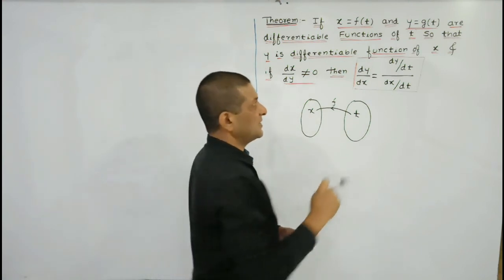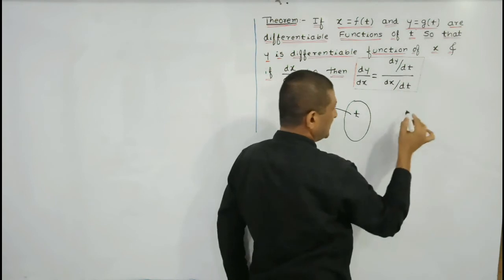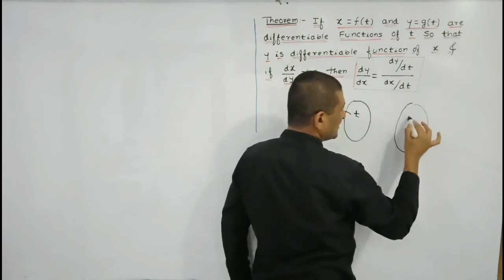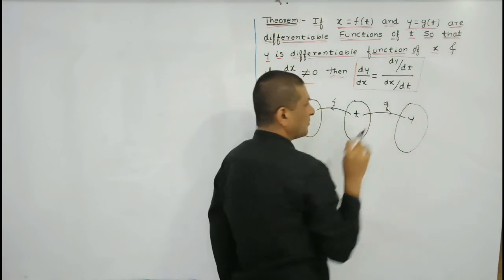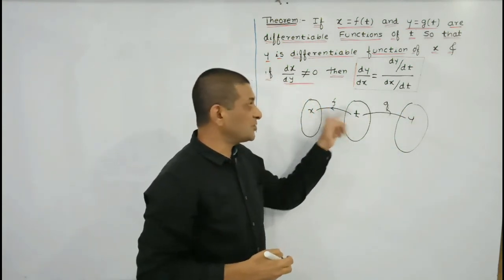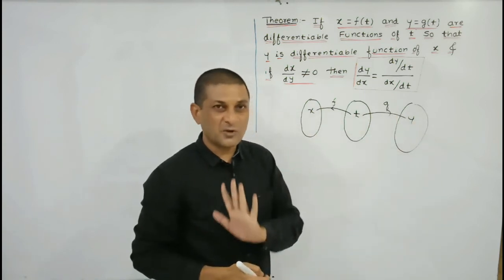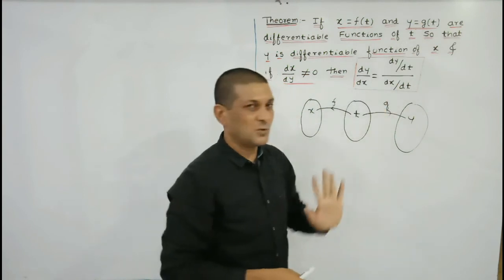Now observe the second condition, y is equal to g of t, meaning y is also a function of t, and this function is denoted by g. So x is a function of t and y is also a function of t. The first function is denoted by f and this second function is denoted by g.